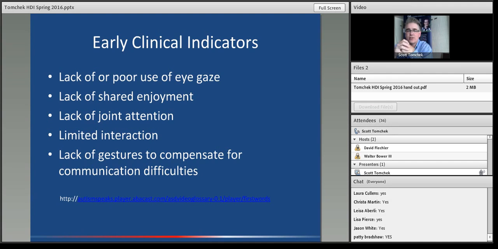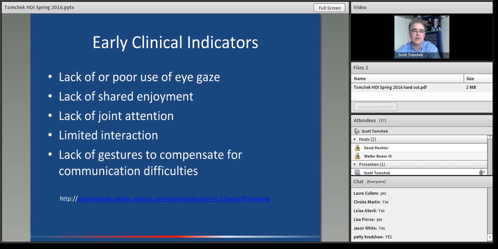So with joint attention in young children, that UPS plane flies over, and the infant or toddler looks at the plane, looks at mom, looks at the plane, looks at mom, communicating without words, with their eyes. Socially, this triangle of interaction is joint attention. And the frequency with which children demonstrate joint attention is markedly reduced in children with autism.